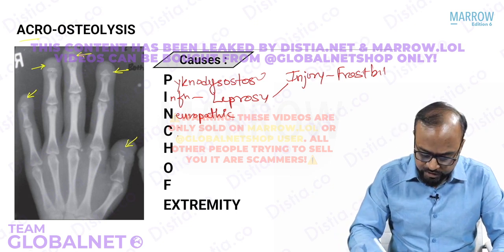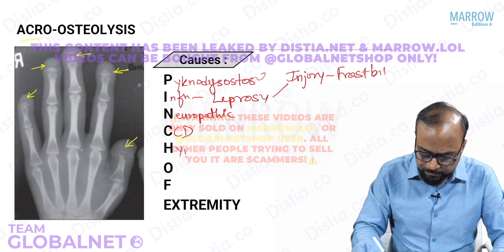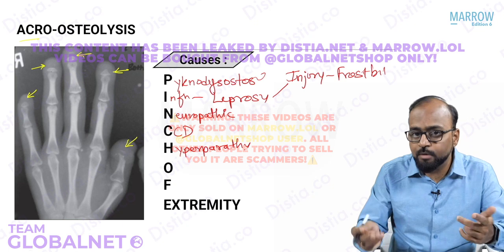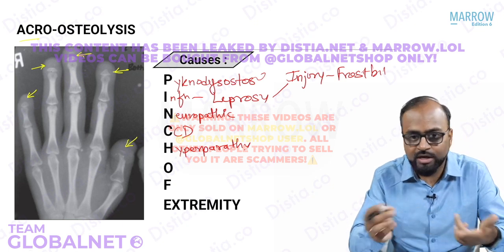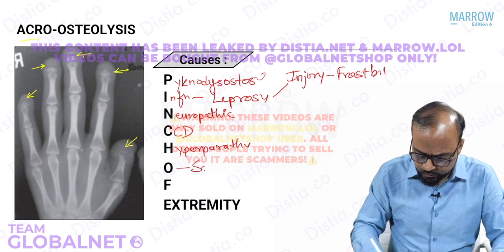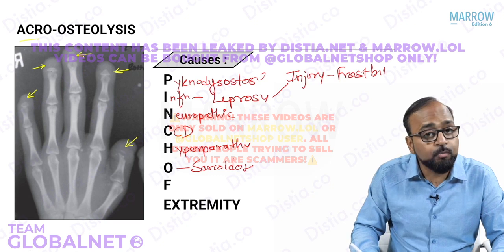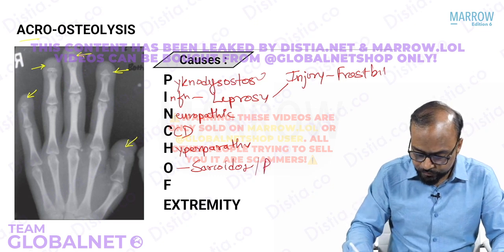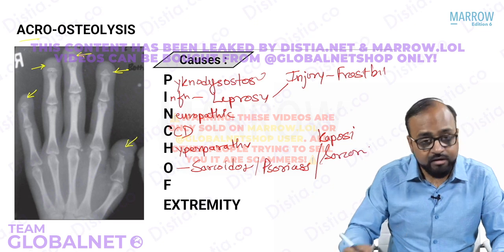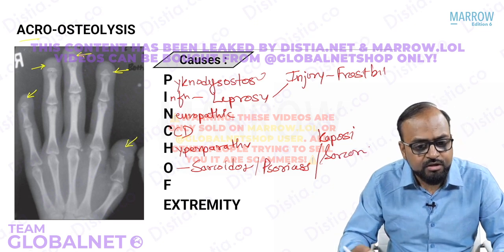Cleidocranial dysplasia, hyperparathyroidism, hyperthyroidism, because the bone is going to get resorbed. Excess bone resorption may give rise to acroosteolysis, hyperparathyroidism. A few other conditions like sarcoidosis or Kaposi sarcoma or psoriasis can give rise to acroosteolysis.